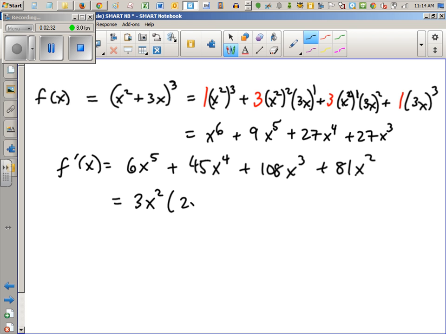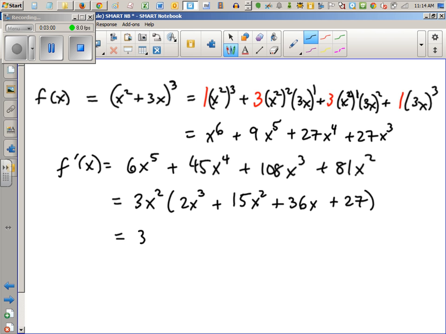So this is going to become 2x cubed plus 15x squared plus 36x, yeah, 3 times 36 is 108, plus 27. Everybody with me?